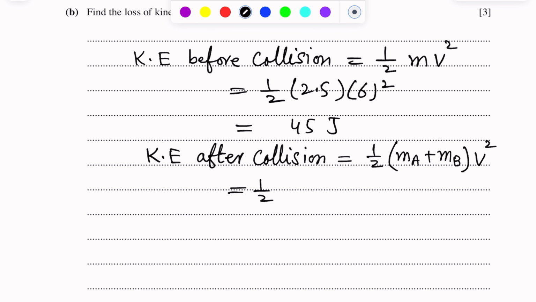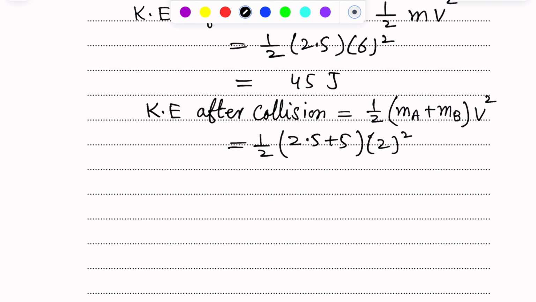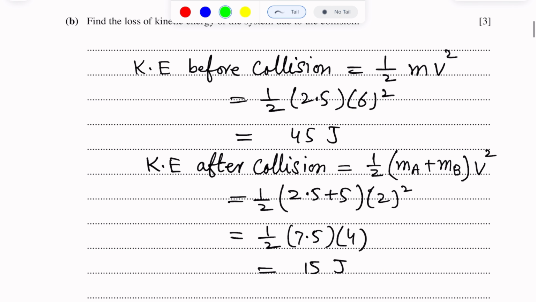So we get 1 over 2 into (2.5 plus 5) into v square, where v is 2. After the collision speed is 2 meters per second. We get 1 over 2 into 7.5 into 4. We get 15 joule. So for loss of kinetic energy, there's 45 joule kinetic energy before collision. After the collision, kinetic energy is 15 joule.